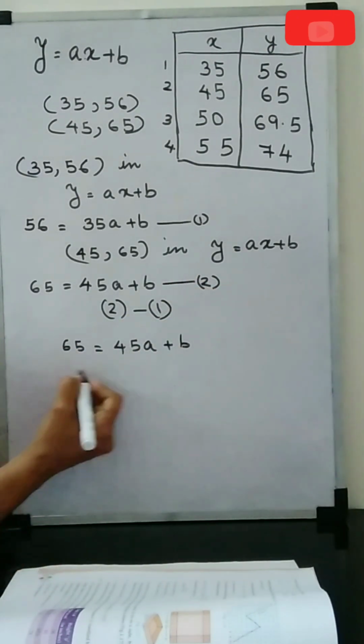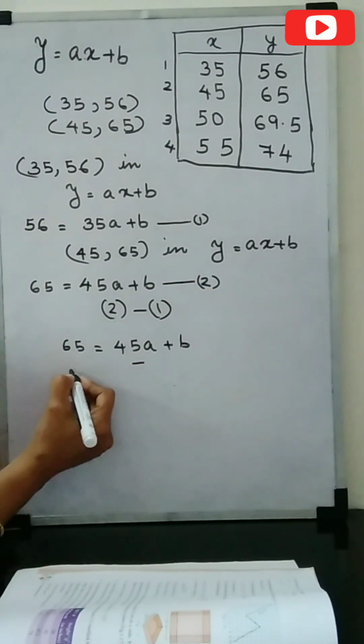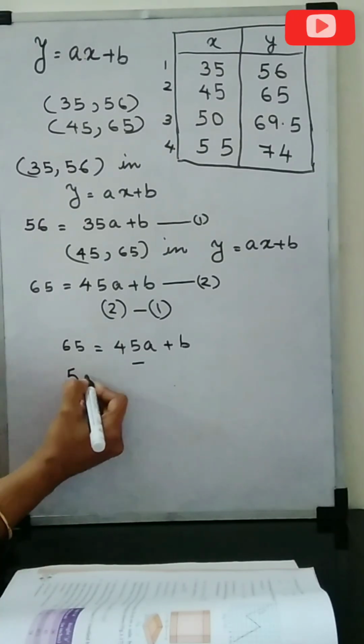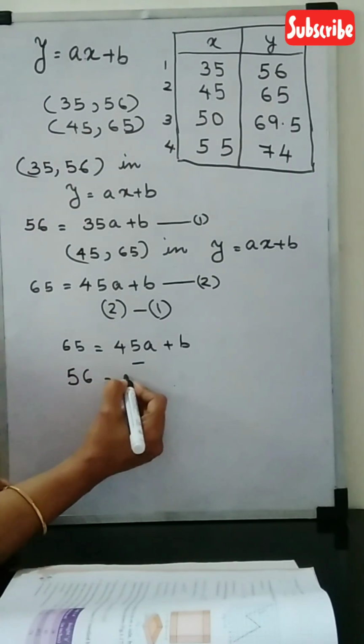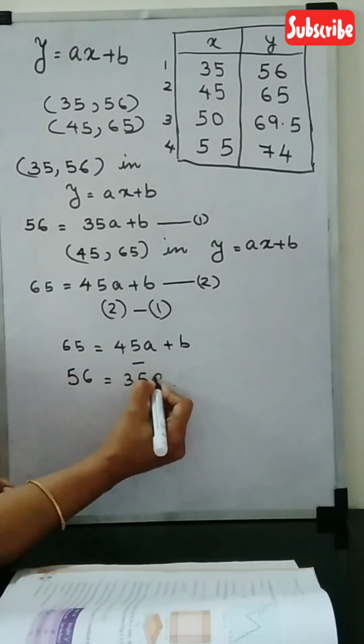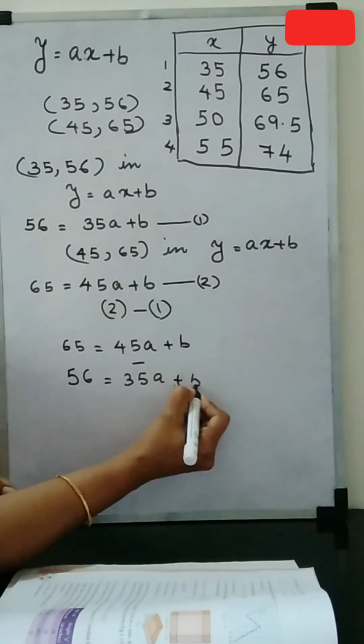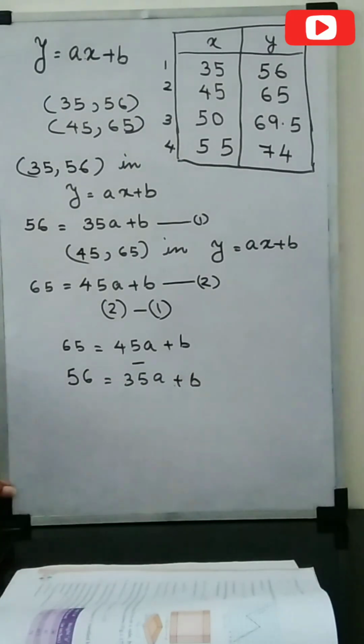Now minus 56 is equal to 35a plus b, equation number 1.